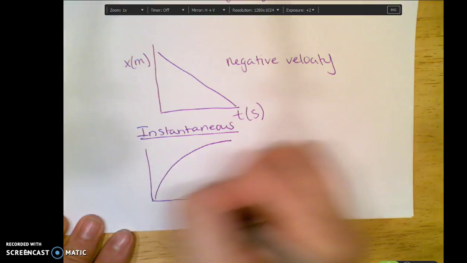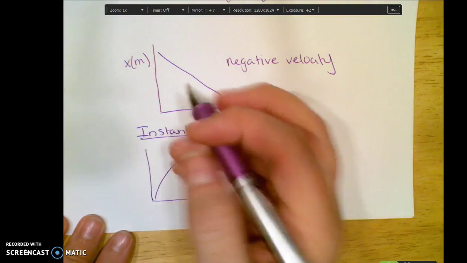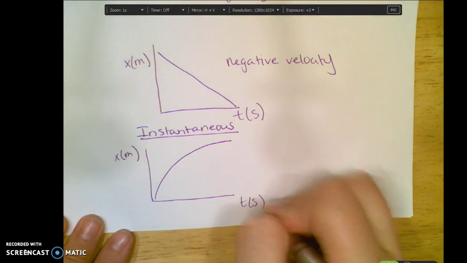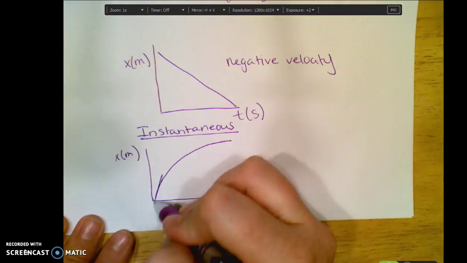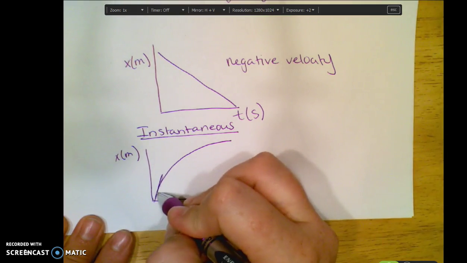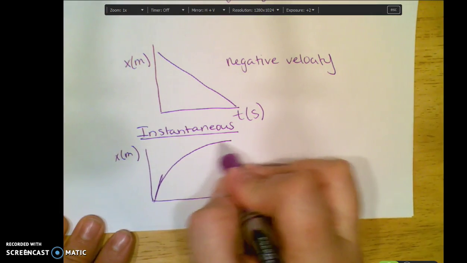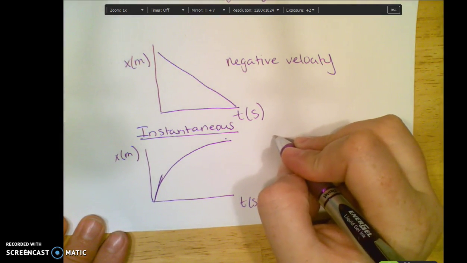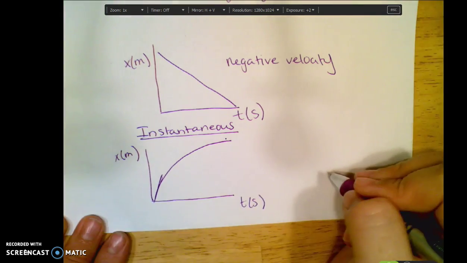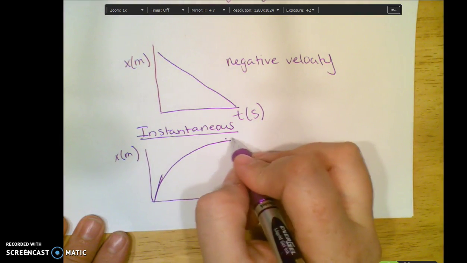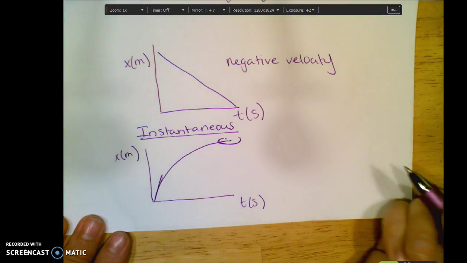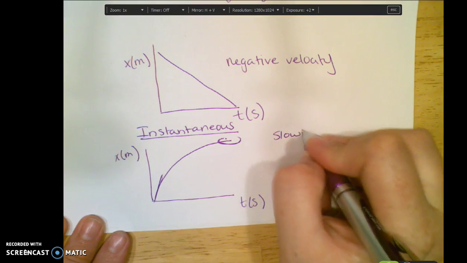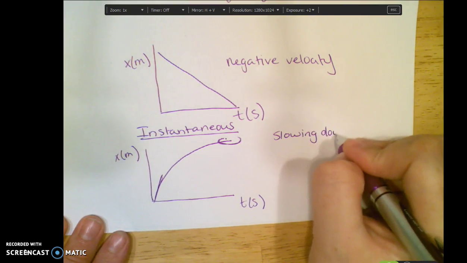Now let's look at this graph first and talk about its slope so we can get a better understanding of what's going on. This graph is starting with a very steep slope, and over time the slope is getting lower and lower. So that must tell me that I'm starting with a high velocity and I'm ending with a very low velocity, or if you were to look at this section, that's almost a slope of 0, so it looks like I'm slowing down. So I know I'm slowing down, that's part of my velocity change.